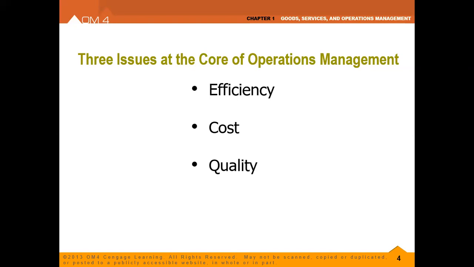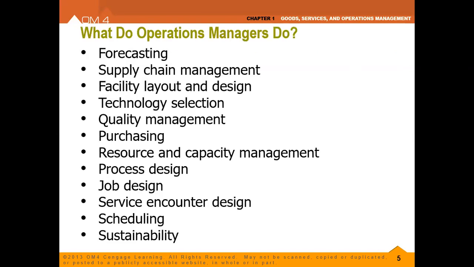And then quality, because we want to provide good products and good services to our customers. We want to make sure it's the right product, a product with good quality, and that we deliver the right thing to the right person. So efficiency, cost, and quality are all important.